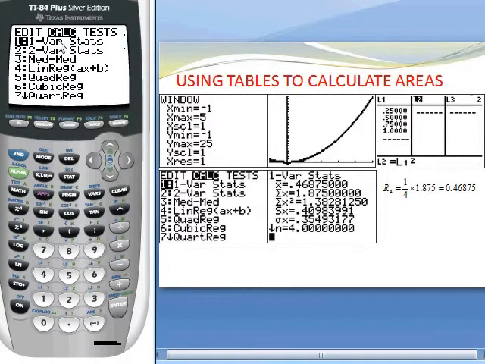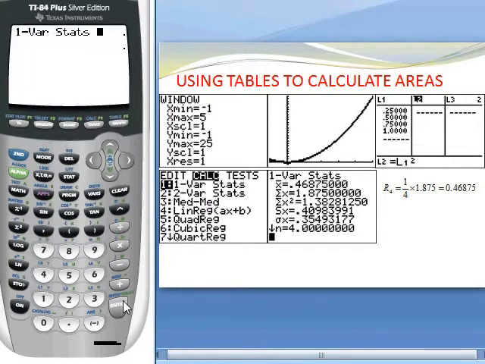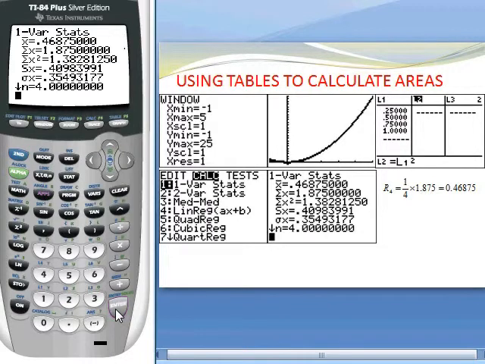When you enter something in a table, it adds them up. It actually does a bunch of statistical things, but right now I want to just add them. So I can do one variable statistics. On what? Remember, I put all that stuff in L2, so I have to specify that. Second 2 will give me L2, and push enter.